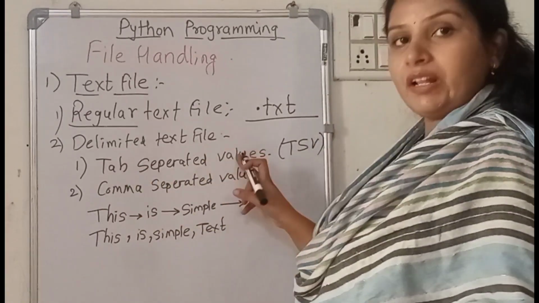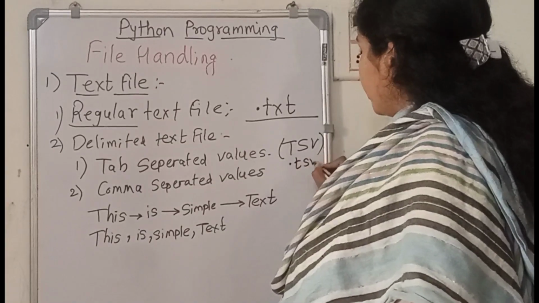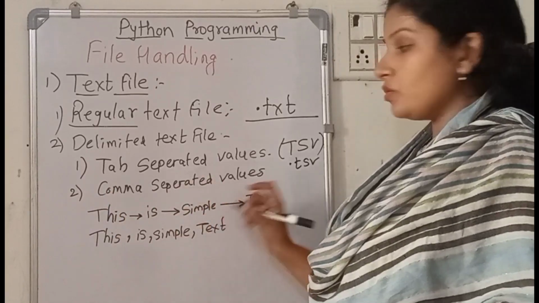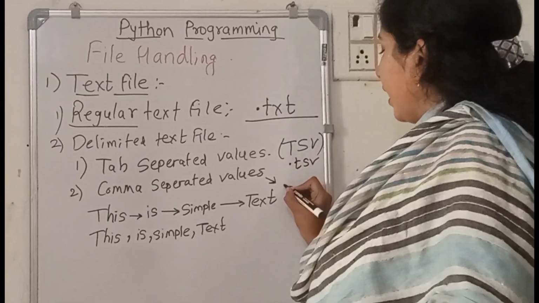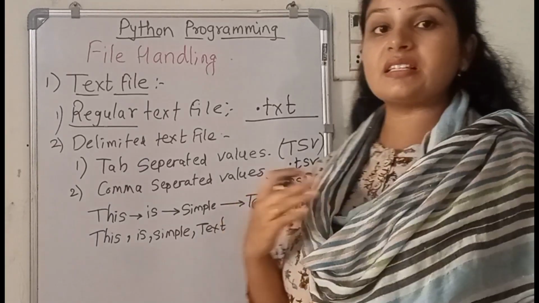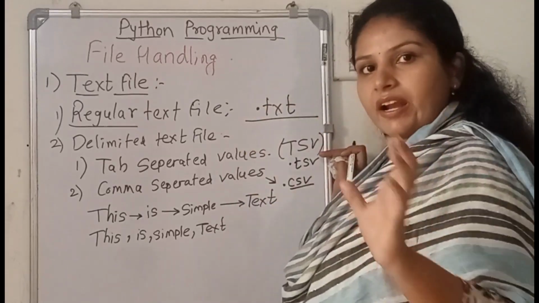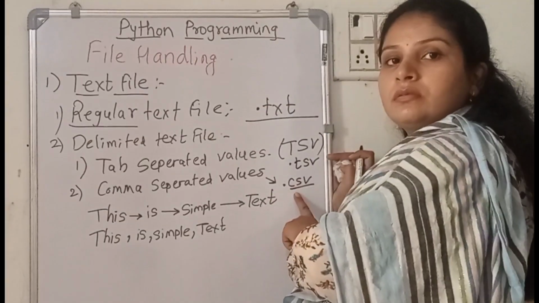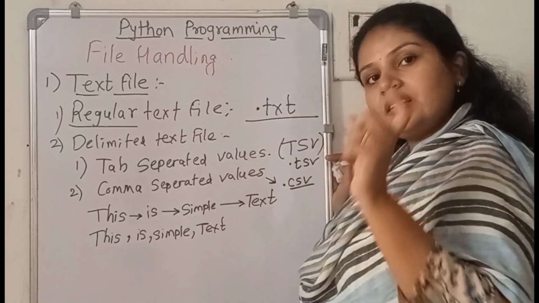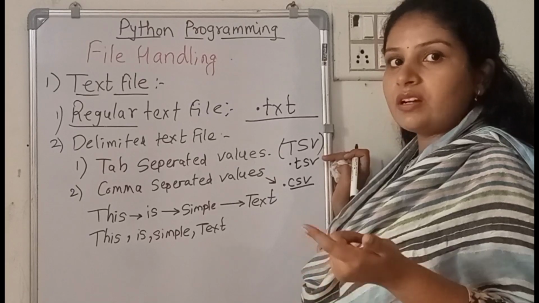Tab separated values file is saved as .tsv extension, and comma separated values is saved as .csv. So whenever you are going to create any CSV file in your computer system, just save that file in .csv format, so that CSV file will be generated automatically in your computer system.